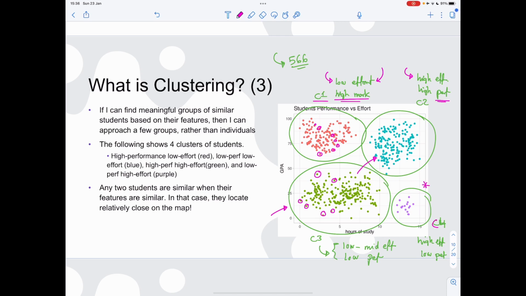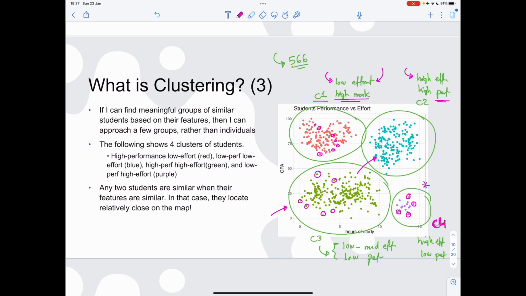So this C4, the fourth cluster, is the most interesting one. I cannot tell them to invest more time because they have invested close to the expected amount of time that they had to invest. And still they didn't get any decent mark. So maybe if I talk to them, I figure out that they don't study in a proper way.